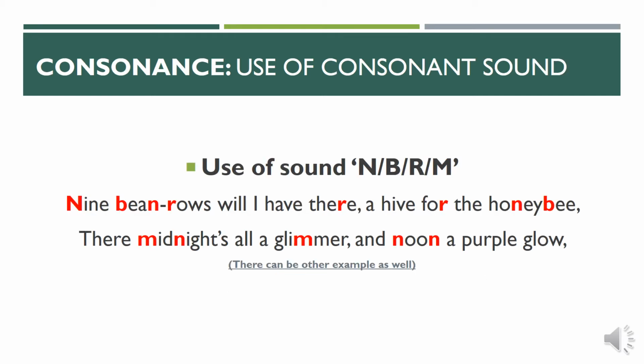After assonance, let's come to consonance. Assonance and consonance are opposite to each other: assonance was regarding vowels, and consonance is regarding consonants. There is also a similarity between the two: the sounds can be found anywhere in the word. We see the letter N in nine, bean, and honey: in nine it is at the beginning, in bean it is at the end, and in honey it is in the middle.